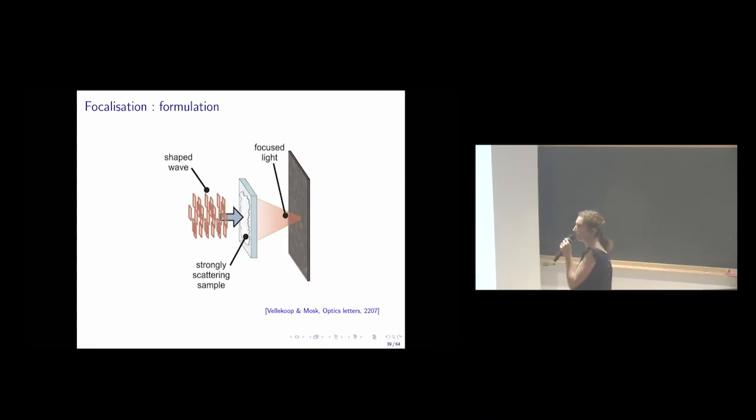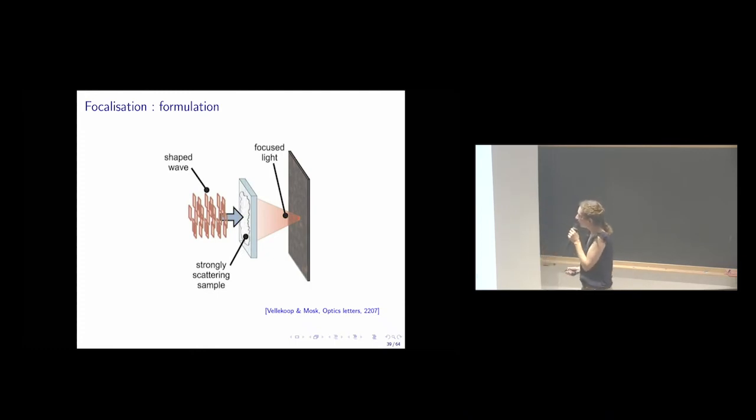Once we have the transmission matrix, we would like to play with it. For example, we can do some focalization. You already saw this scheme in a previous presentation. It's a very beautiful scheme coming from Vellekoop and Mosk, this paper here.